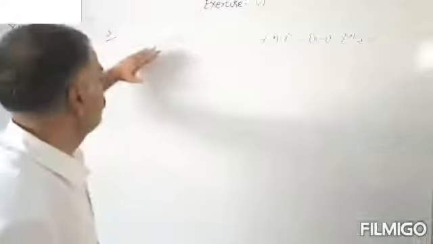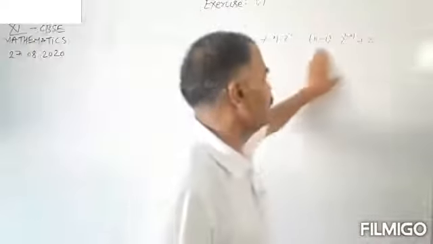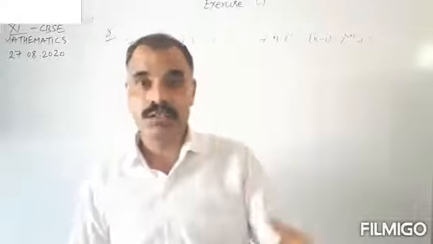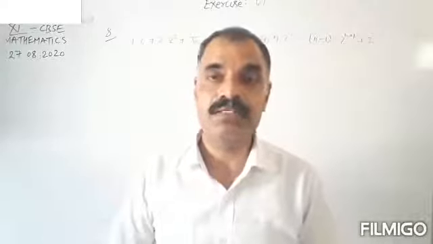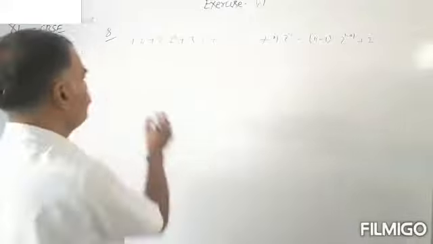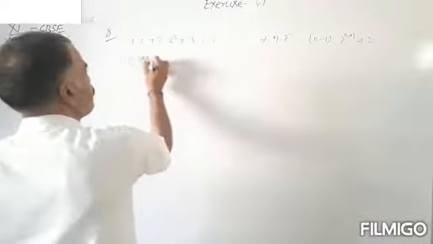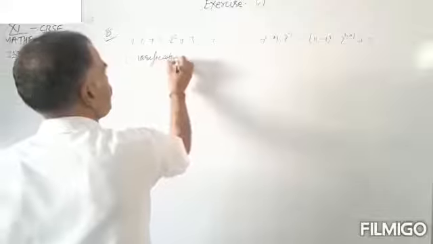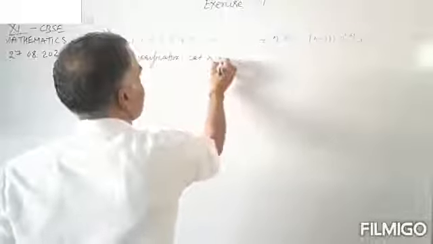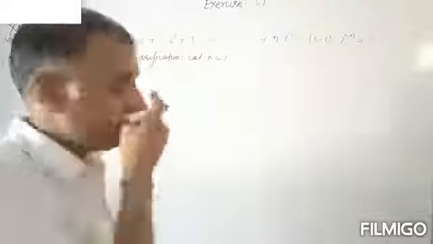So we have to prove that left hand side is equal to right hand side using the principle of mathematical induction, and the first step is verification. Let n equals to 1.